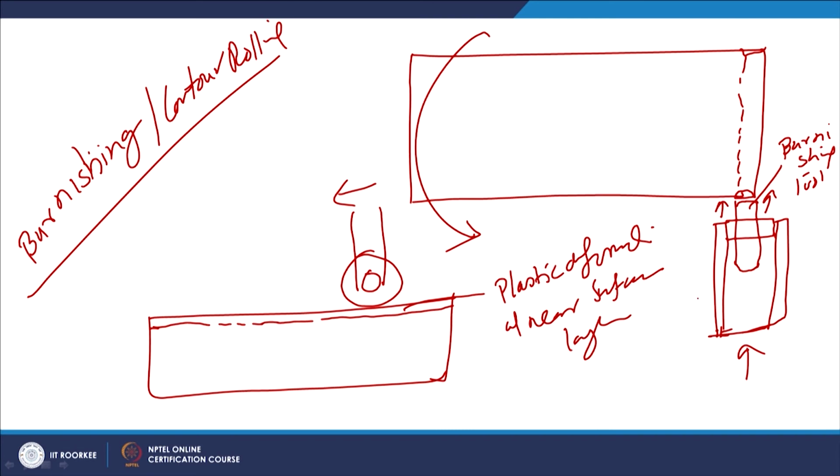Likewise, once the burnishing tool is pressed against the rotating workpiece, it is moved longitudinally, parallel to the axis of the rotating workpiece, so that the entire length of the workpiece can be burnished.